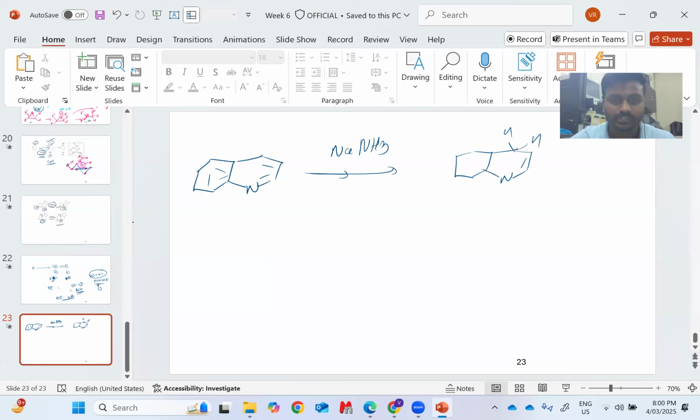So this is the product with the Birch reduction. Also, this pyridine type of derivative, particularly upon the reaction, we get, let's say we have such a derivative. In this case, we get such compounds using the same reaction conditions.